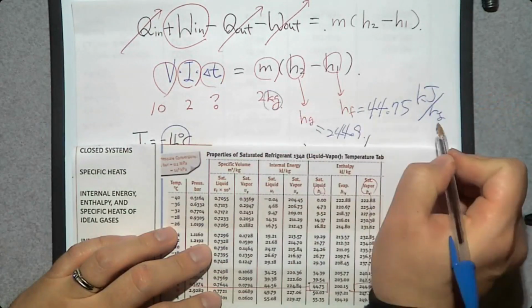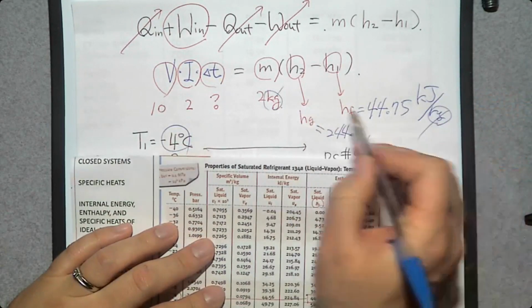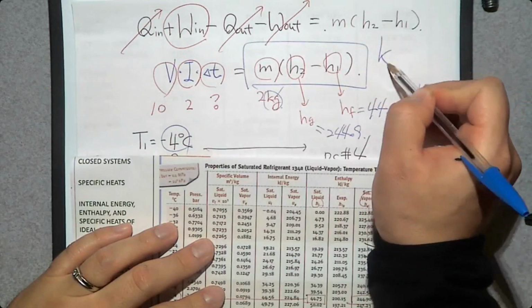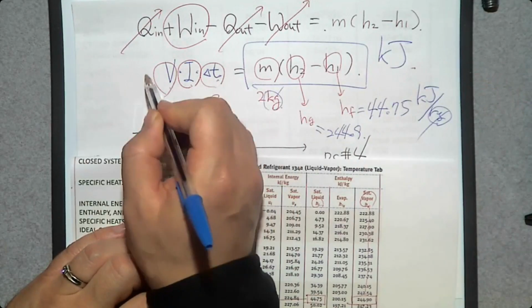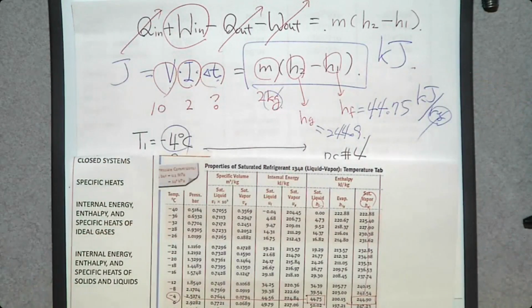And we have a kilogram here, so you can cross them out. What is the unit on the right-hand side? Kilojoule. What is the unit of voltage times current times time? Joule. So what you need to do? Multiply by 1,000 or divide by 1,000, because one has kilo, the other part no kilo.